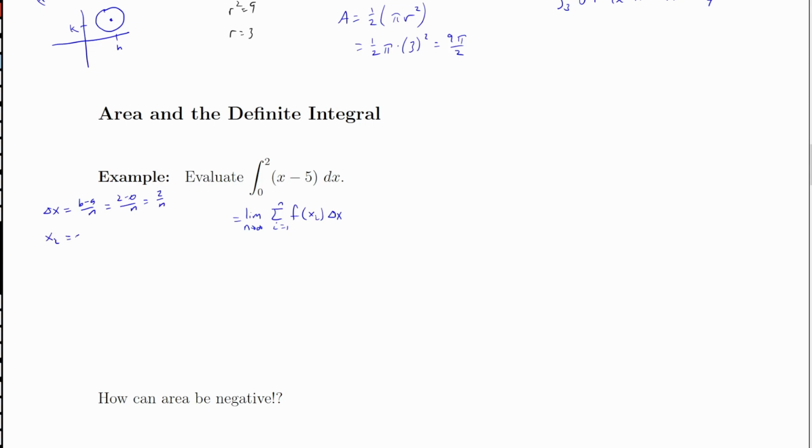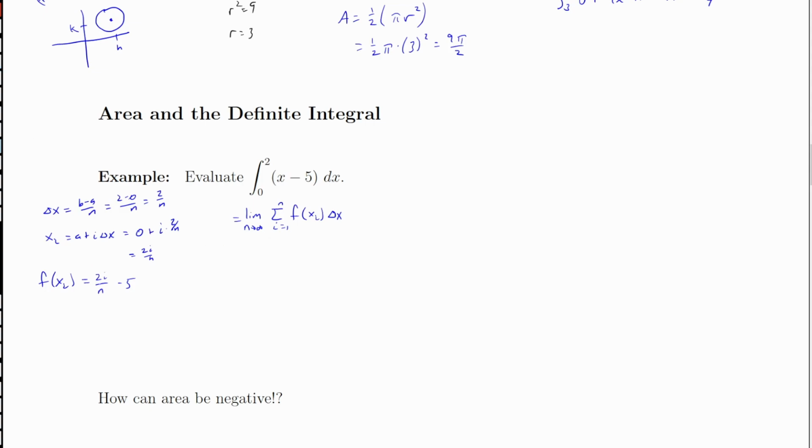The x_i is a plus i delta x, which is 0 plus i times 2 over n, which is 2i over n. So f of x_i is, since my function is x minus 5, 2i over n minus 5.